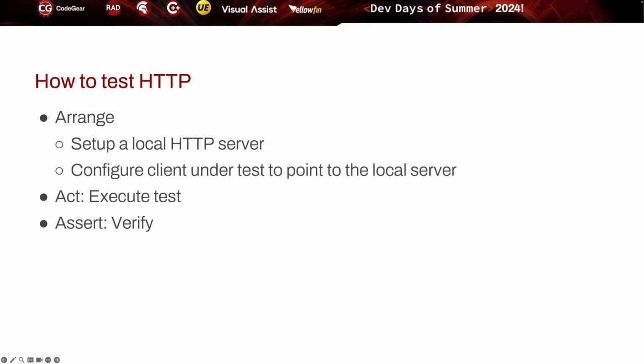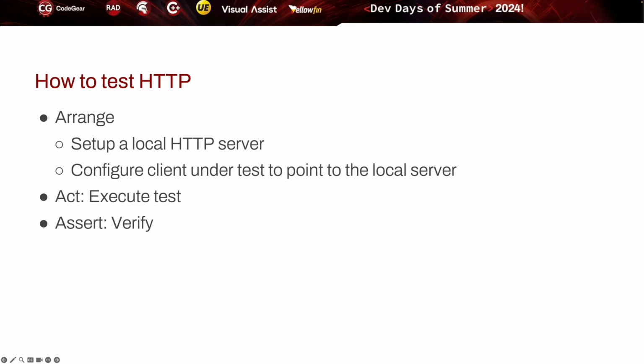So what is our format of testing? We have 3 phases in a test. We have arrange. This is make things a particular way. Set up the things you need to do to set up a scenario. So in this case, with testing HTTP, we set up a local HTTP server.